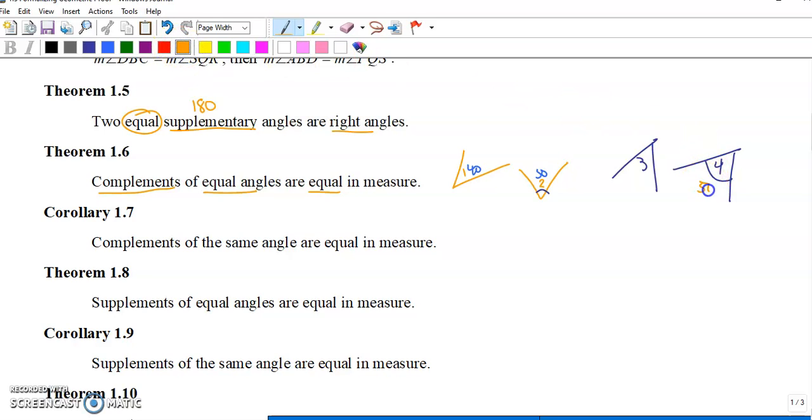Well, what's going to be complementary to the 50? Well, then this has to be 40, meaning those are the same. You know, if it adds up to 90 with the same thing, then it must be the same thing. Or if they're complementary to the same angle, they have to be the same size. If they're both complementary to a 36-degree angle, they're both going to be 54.